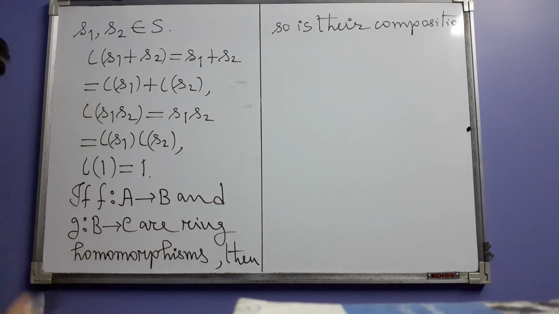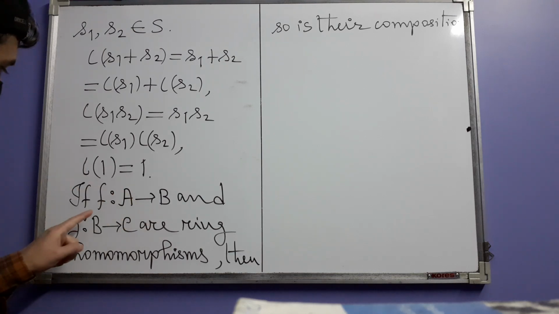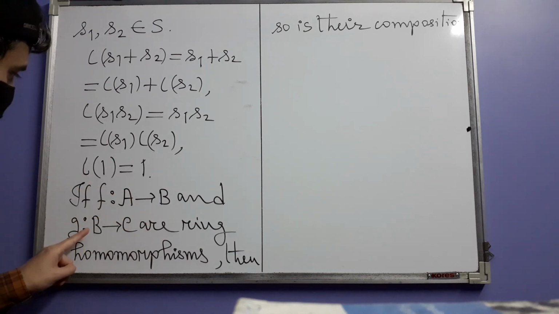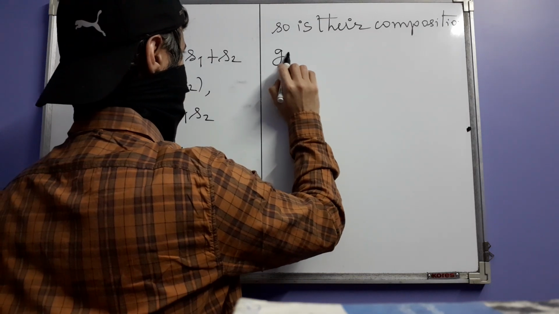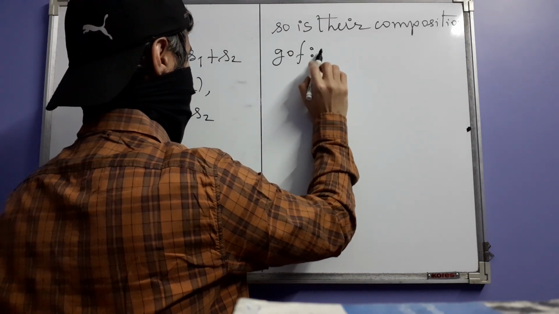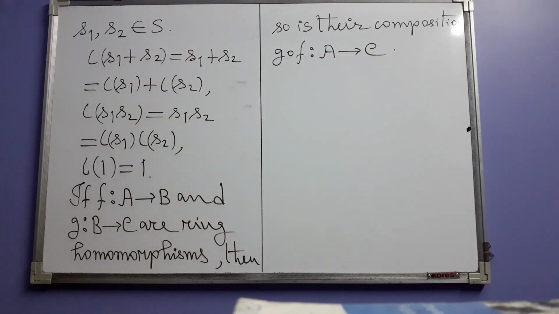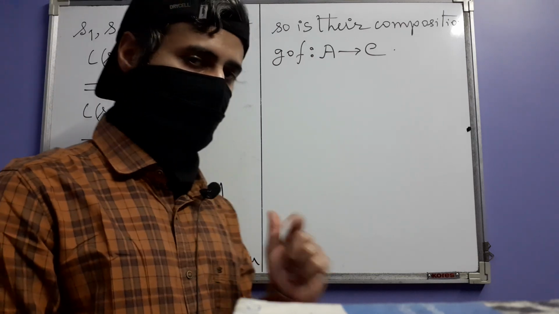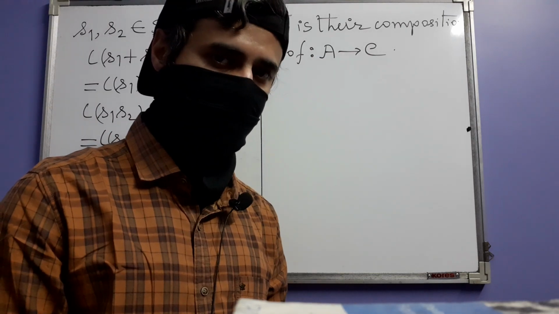How will you write the composition? Because we are using the usual function notation, if you compose f and g, you have to switch the order: g composition f. So this simply means that A, B and C are rings. The type of rings we are considering, that is commutative rings with identity elements.